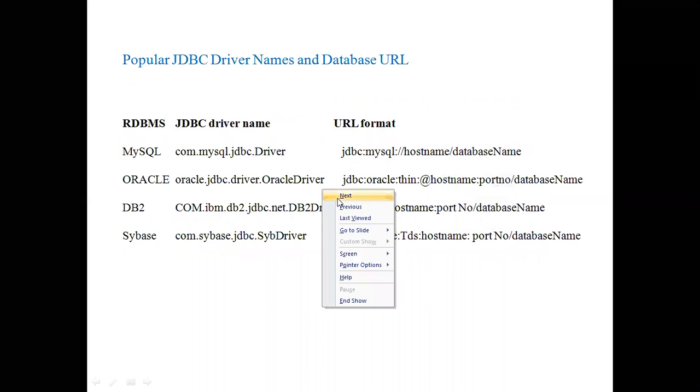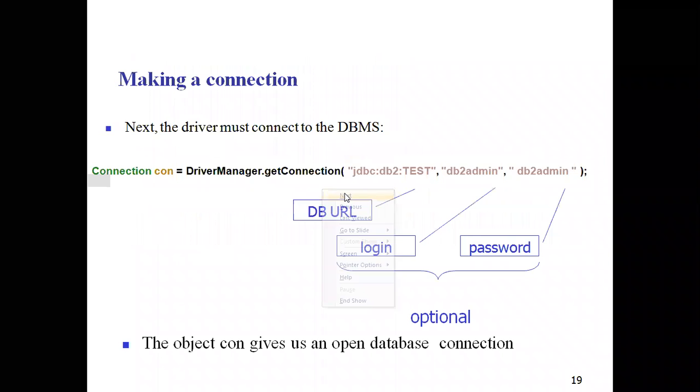These are the driver names we saw here, the different database vendors and their driver names and URLs. You have to mention the driver name whenever you are establishing the connection. This is the statement for establishing a connection. You have to create a connection object, then call the getConnection method of the DriverManager class.